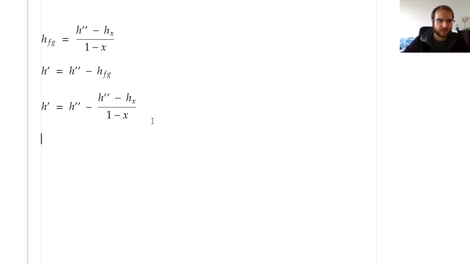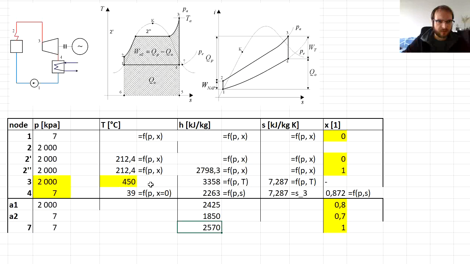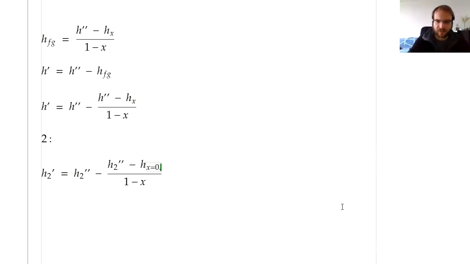Now for our given values, let's say for the point number 2, H2 prime as saturated liquid would be H2 double prime, the saturated vapor, which we know, minus the fraction: H2 double prime minus H at the specified quality, which was for this point A1, so x equals 0.8, divided by 1 minus 0.8.